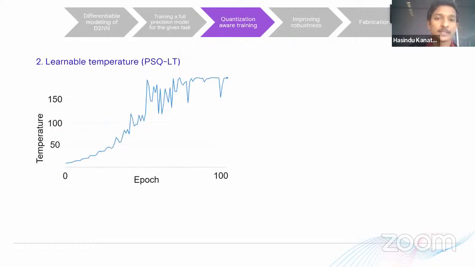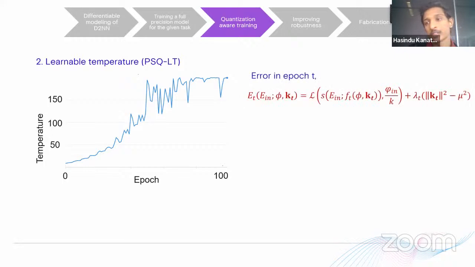In the learnable temperature case, it's a little different. Now we compute our error like this. We have two terms. The first term is the loss considering our task. Here you can see we have this vector k.